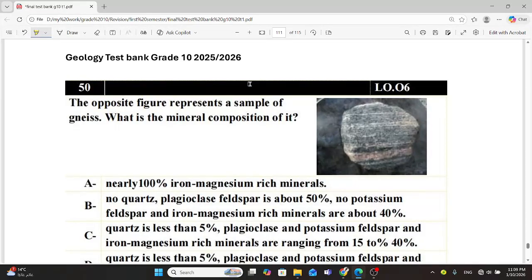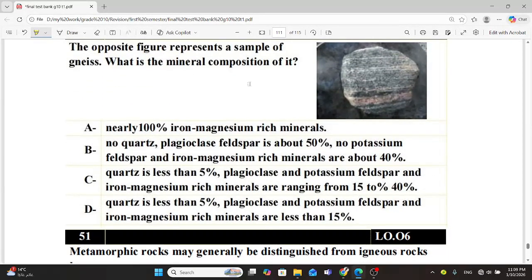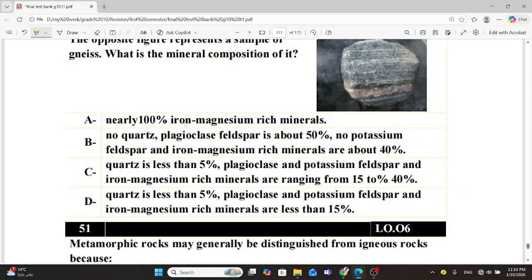What is the mineral composition of it؟ Quartzite can be nearly 100% iron magnesium rich mineral، ولا no quartz, plagioclase feldspar is about 50% and no potassium feldspar, and iron magnesium rich mineral are about 40%. هي دي الإجابة number B.